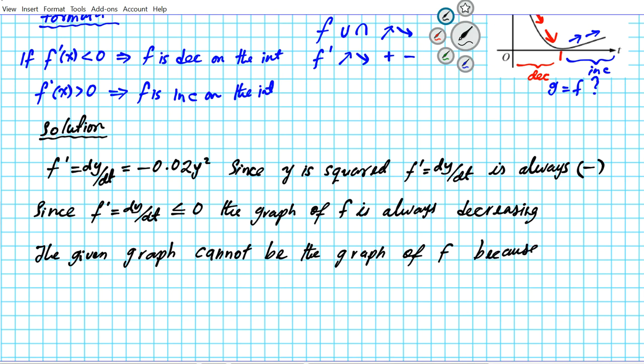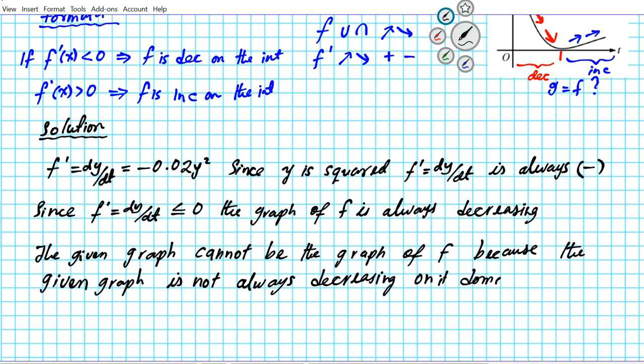Because the given graph is not always decreasing on its domain, unlike f, which is always decreasing.